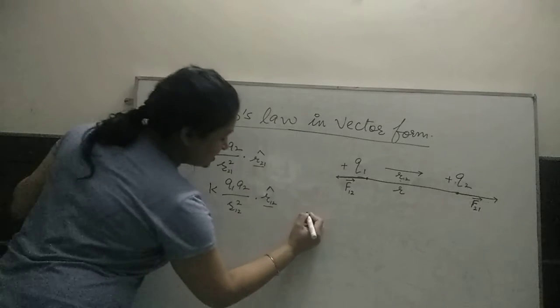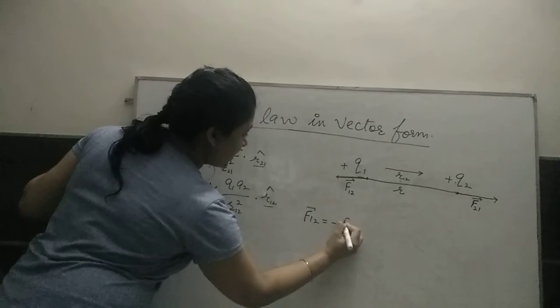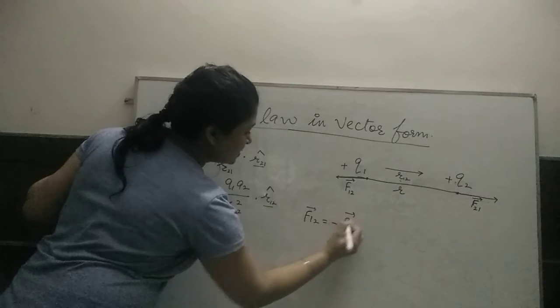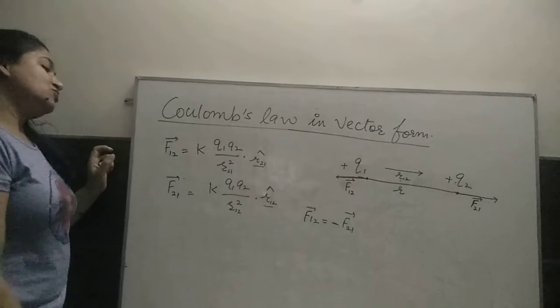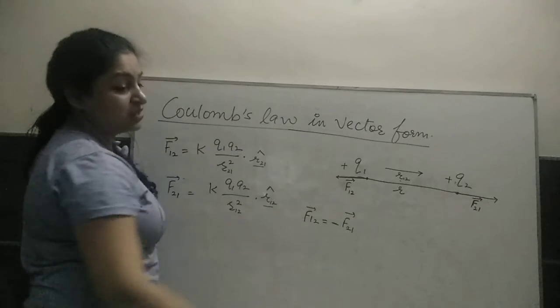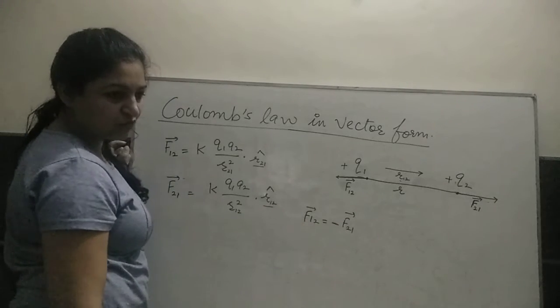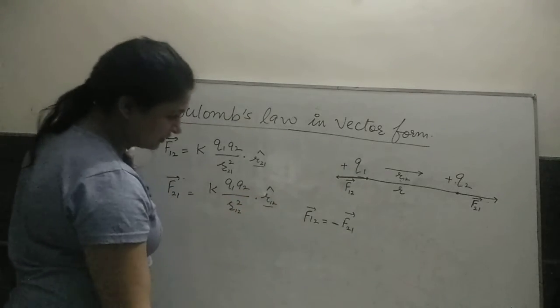So we can write F12 is equal to minus F21, because both of the forces are opposite, so I am putting this minus sign. Both of these forces are equal in magnitude and opposite in direction, as per Newton's third law of motion. Two objects are applying equal and opposite forces on each other.